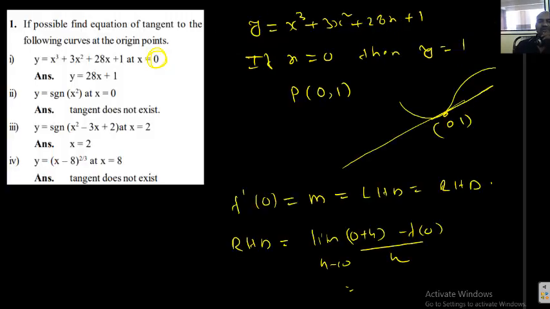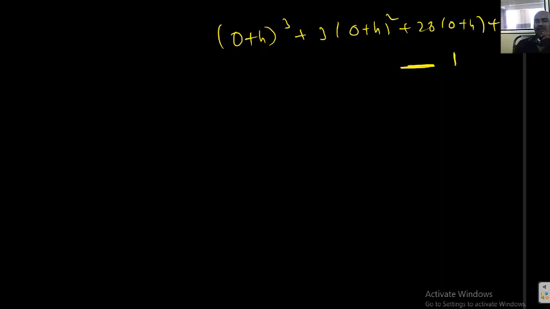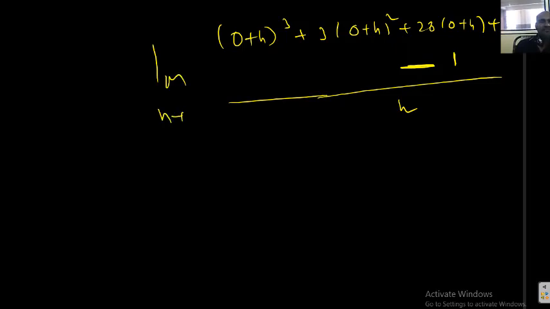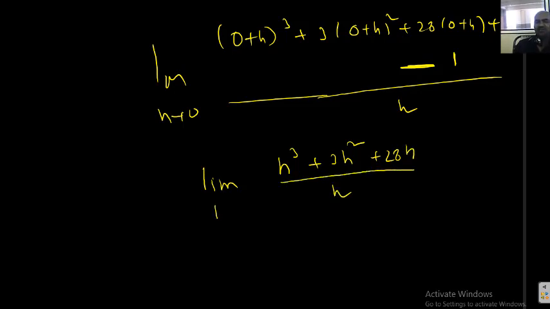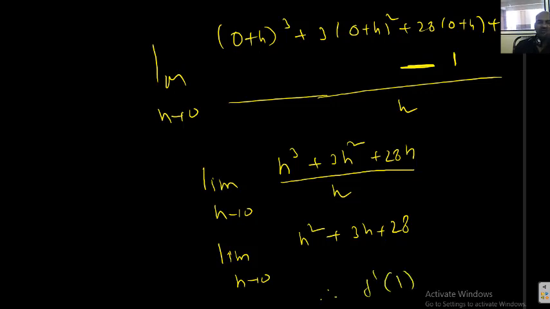F of 0 means instead of x write 0, you will get 1, by h, h tending to 0. So directly I want to write, students, limiting value of h cube plus 3h square plus 28h by h, this one gets cancelled by h, h tending to 0. So limiting value of h square plus 3h plus 28, h tending to 0. So f dash of 0 equals 28, that only is the slope. 28 you have as slope.